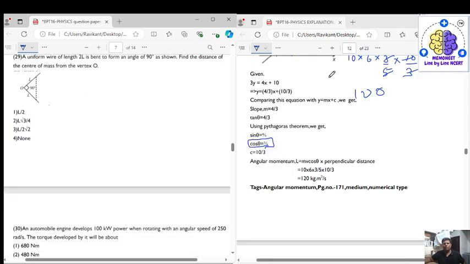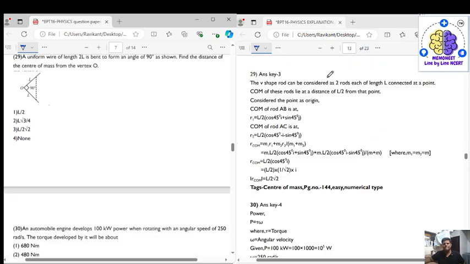Next, coming to question number 29. A uniform wire of length 2L is bent to form an angle of 90 degrees, as shown. Find the distance of the center of mass. This could be understood like this. Suppose this is the coordinate system, and let the vertex of the two rods be like this.